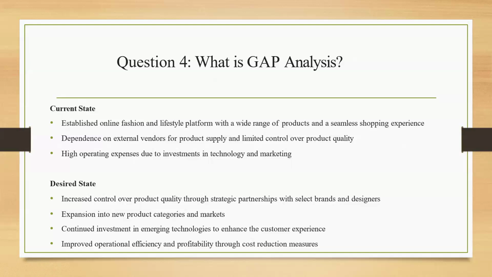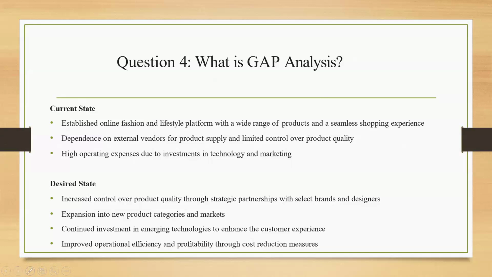We also want to increase operational efficiency and profitability through cost reduction measures. Likewise, you need to write it in your document as per the online agriculture product study. So prepare for this Viva thoroughly too, guys.